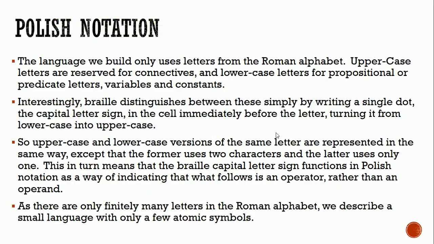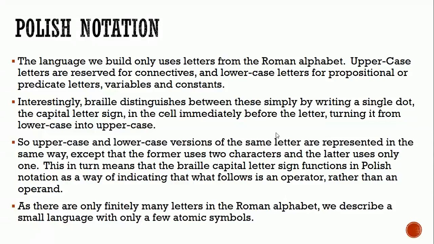All right, so for Polish notation, ignore this class. The language we use is the Roman alphabet, with uppercase letters reserved for connectives, and lowercase letters for propositional or predicate letters, variables, and constants. So Braille distinguishes these by simply writing a single dot, the capital letter sign, in the cell immediately before the letter, turning it from lowercase into uppercase. So uppercase and lowercase versions of the same letter are represented in the same way, except the former uses 2 characters and the latter uses only 1.